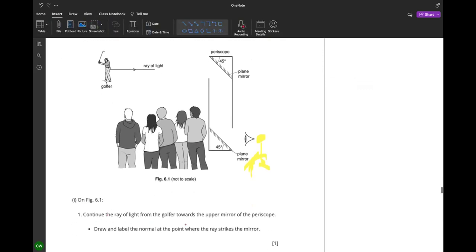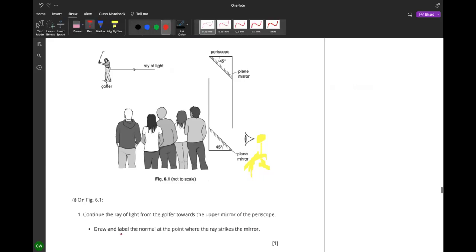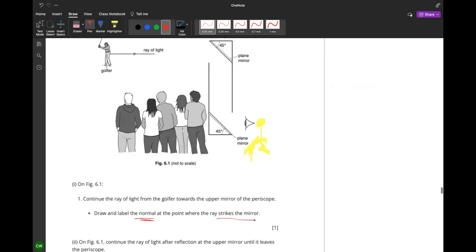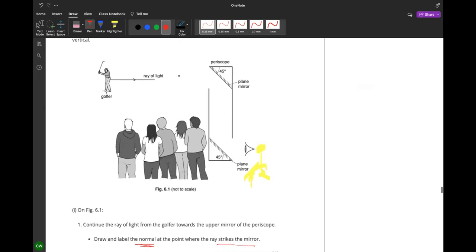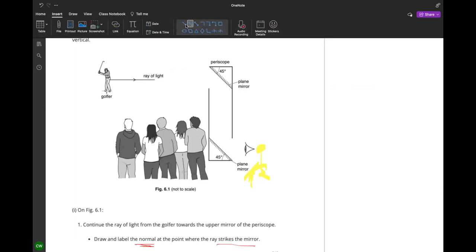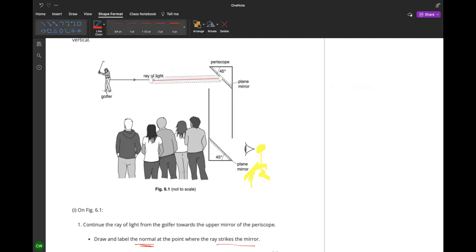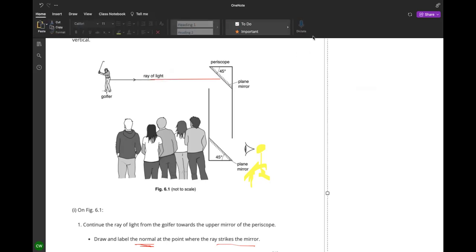On this diagram, continue the ray from the golfer to the upper layer and label the normal. And we strike the mirror. So when you go in this direction, you have to extend the line until they meet here. This is a plane mirror.